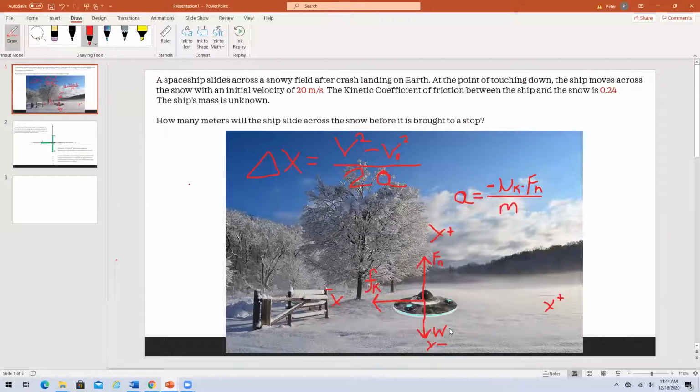So if the weight of the spaceship equals its mass times G, which is 9.8, then the normal force in magnitude should also be equal to the mass of the spaceship times G.